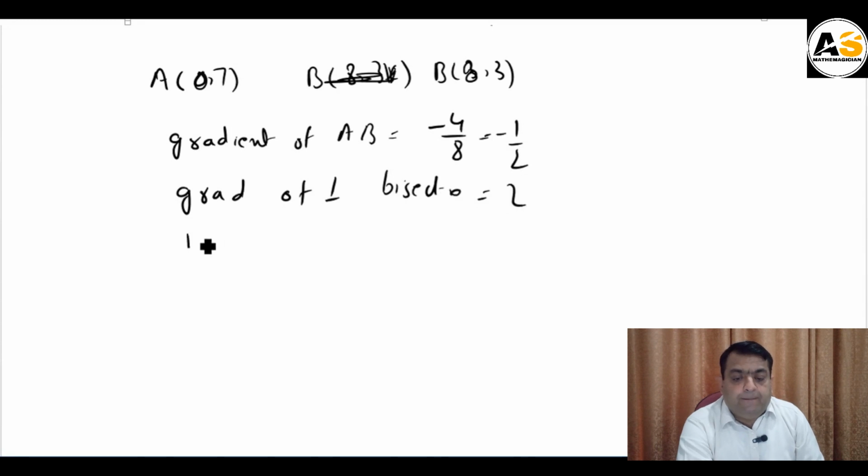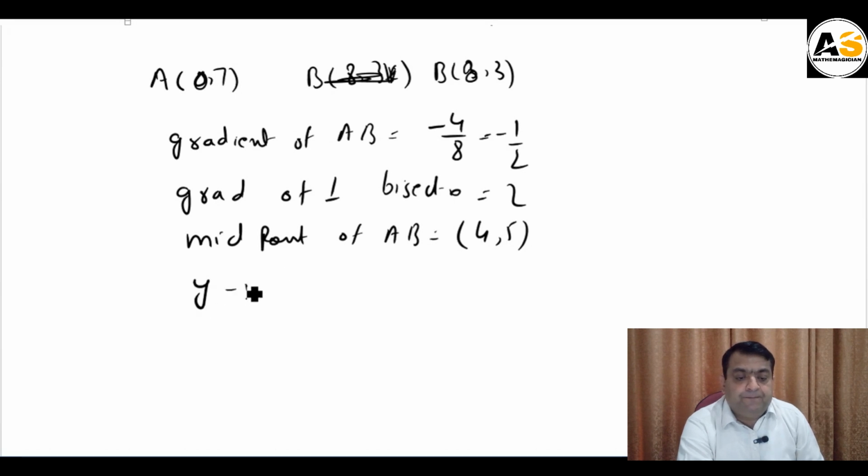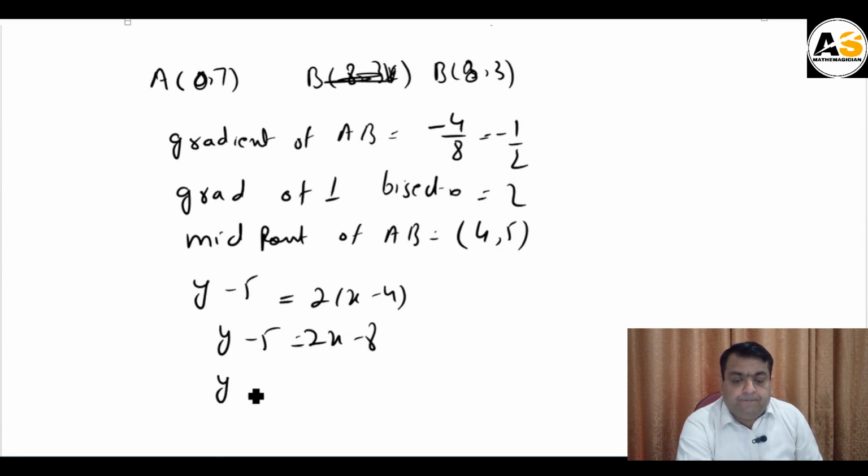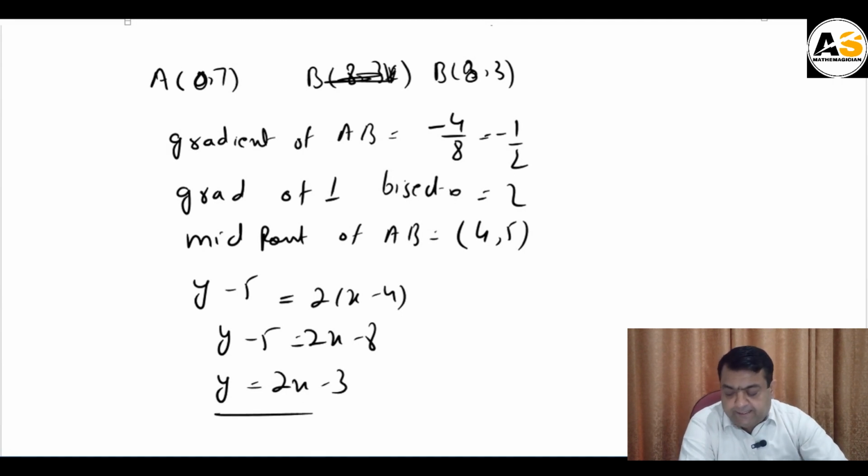Midpoint of AB is (4, 5). Equation of perpendicular bisector: y minus 5 equals 2 times x minus 4. So this is the equation of the perpendicular bisector.